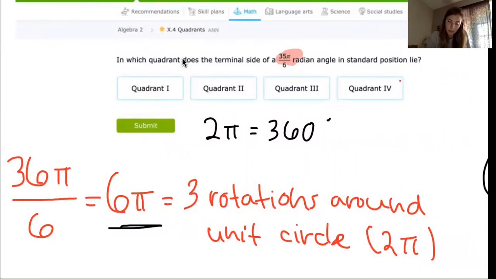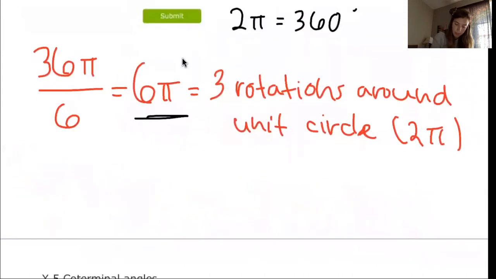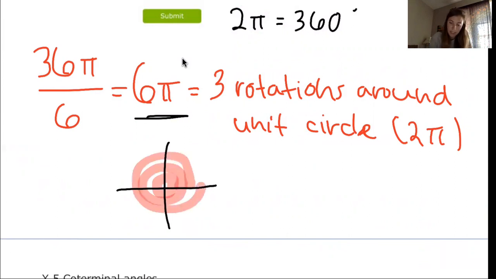So I'll draw a little thing. Here's my axes, right? So that means I went around once, twice, 3 times, but not quite 3 times.